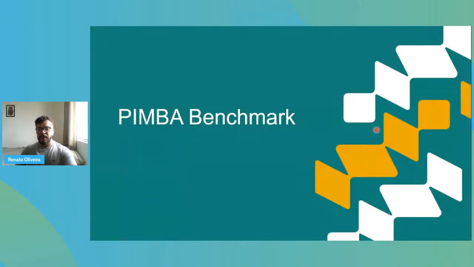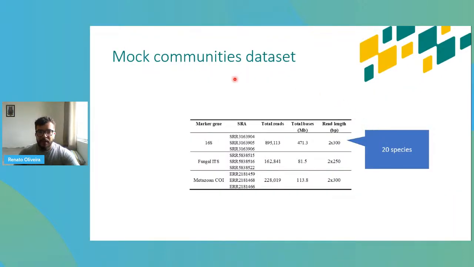To validate PIMBA, we benchmarked it with 3 mock community datasets. The first dataset was for bacterial 16S, comprising 20 species in triplicates. The second dataset was for fungal ITS, comprising 19 species.